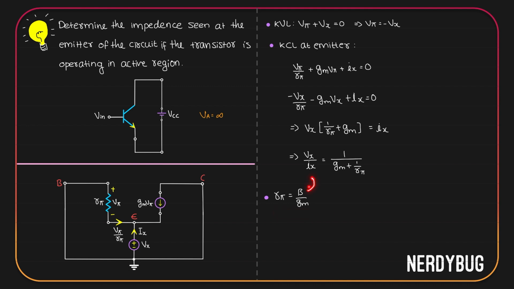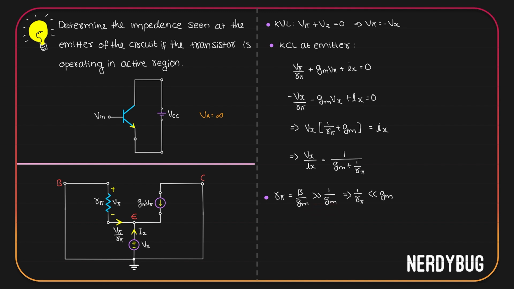Beta is the current gain and it is usually between 50 to 200. If we take the average, we get 125. So R pi is beta times 1 by Gm. On an average, it is 125 times 1 by Gm, which means R pi is very much larger than 1 by Gm.